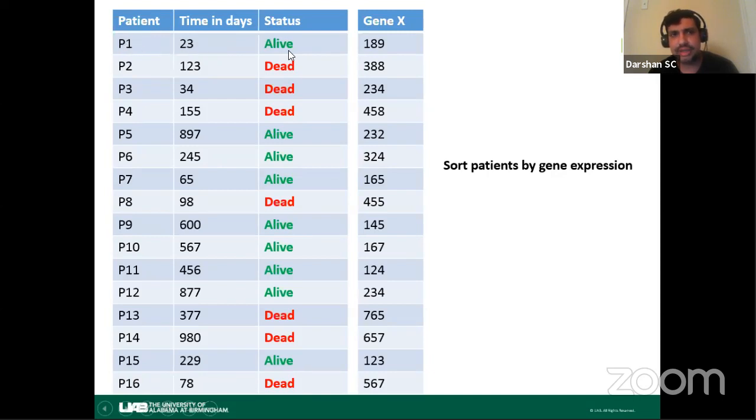For example, row 1 indicates that patient 1, who was diagnosed with cancer about 23 days ago, is still alive, and the expression level of gene X is 189. 189 is the expression value of gene X. The second row indicates that patient 2, who was diagnosed with cancer 123 days back, is not alive, so he's dead, and the expression level of the gene is 380.